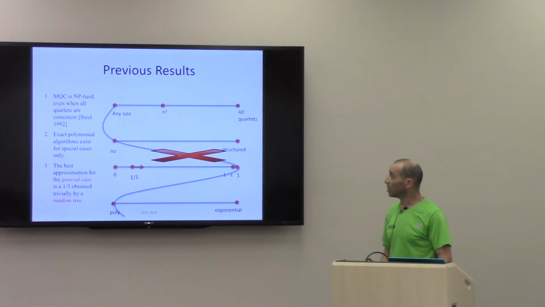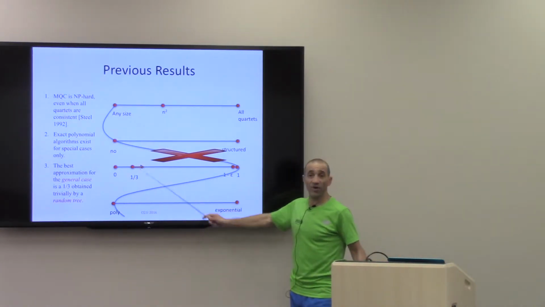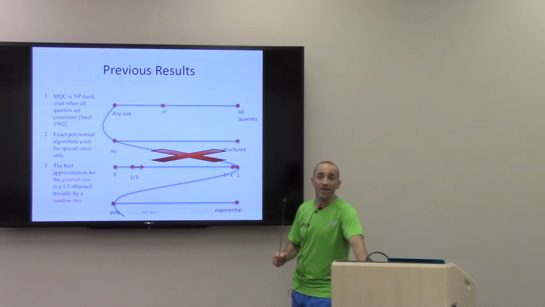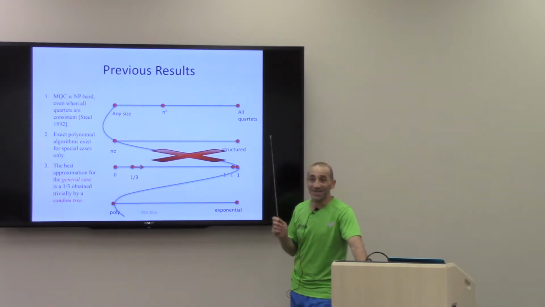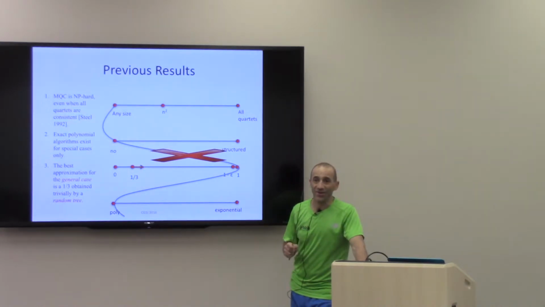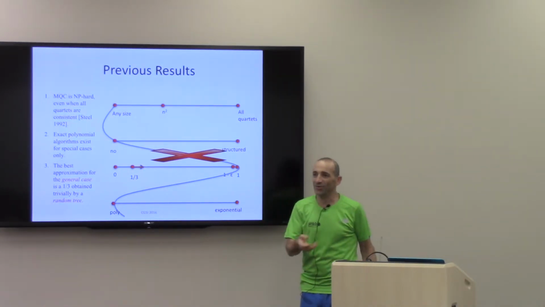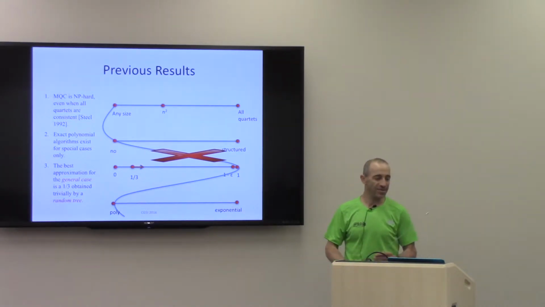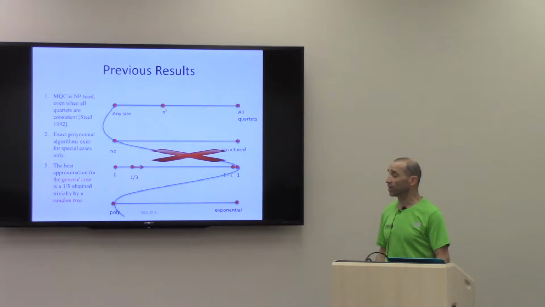This is very fundamental, because whenever you get something worse than a third, just give me a random tree. You never want to see anything worse than a third. And if your random tree satisfied less than a third, get another random tree, and very soon you will get a third.